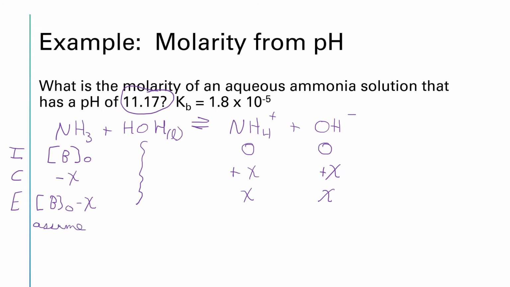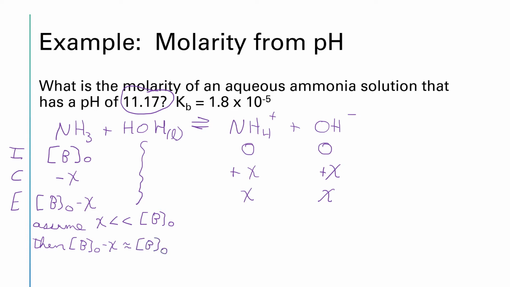For the ammonia concentration, let's assume, ooh, that was really ugly writing. Let's assume that X is very small compared to our initial base concentration. When we make that assumption, then the concentration of B naught minus X really becomes just B naught.